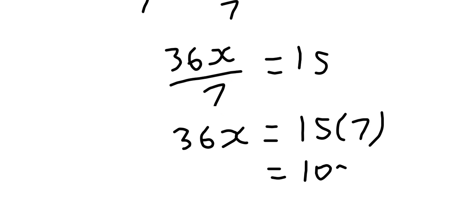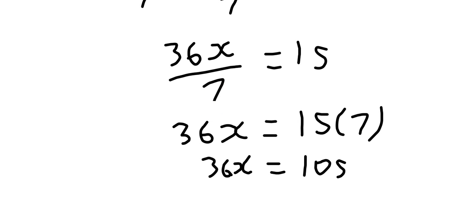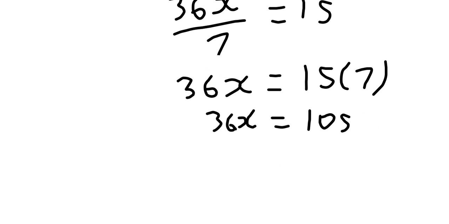And all I've got to do now is divide both sides by 36. So I'm going to divide both sides by 36. And I'm going to be left with x is equal to 105 divided by 36, which is 2.9.